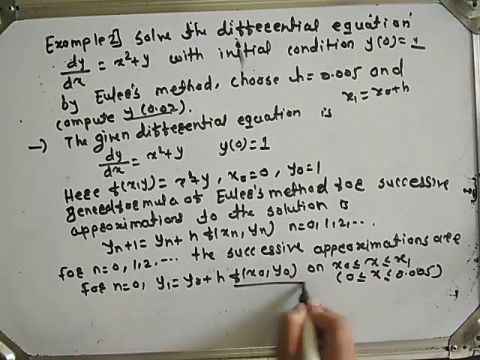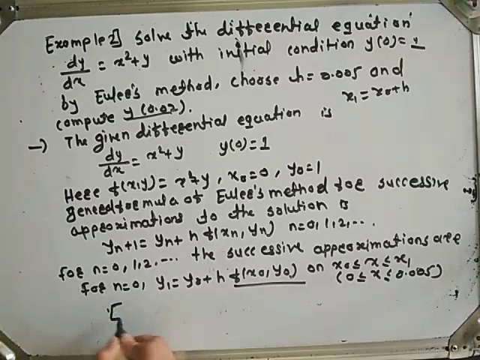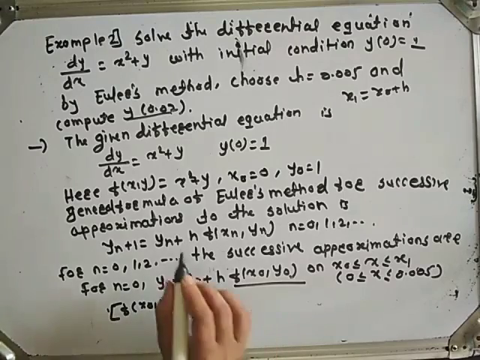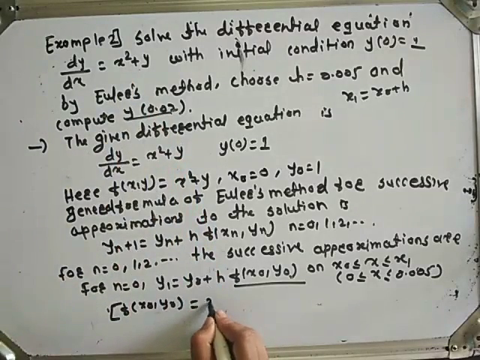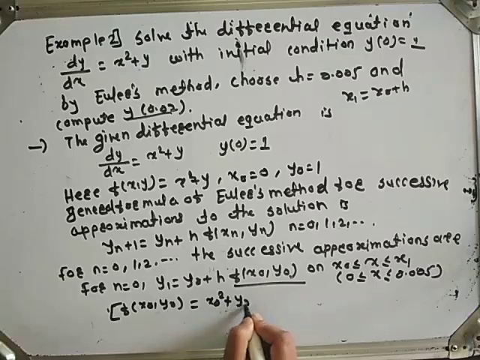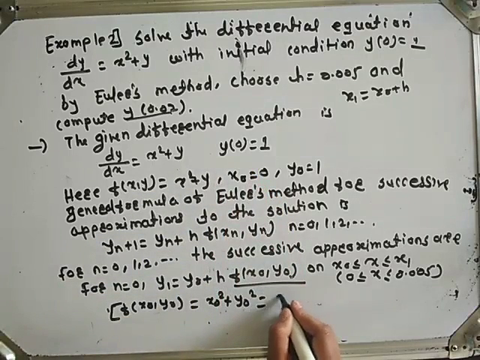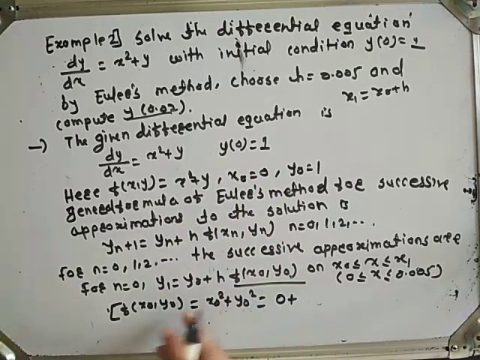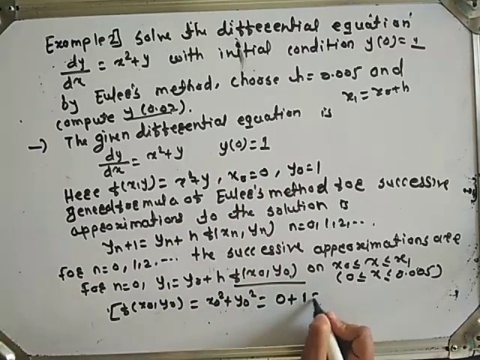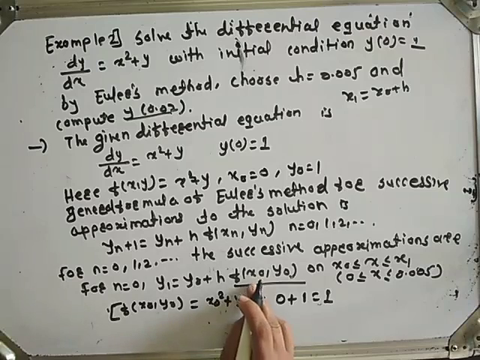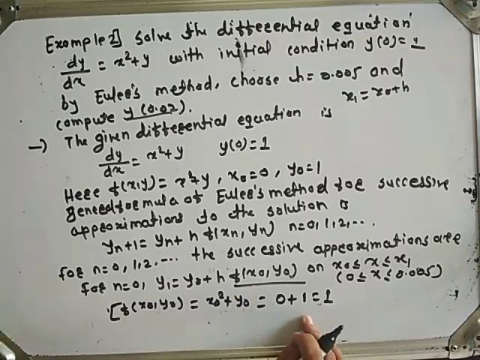First we have to calculate f of x0 y0. f of x0 y0 equals x0 square plus y0, where x0 is 0 and y0 is 1. So f of x0 comma y0 equals 1.